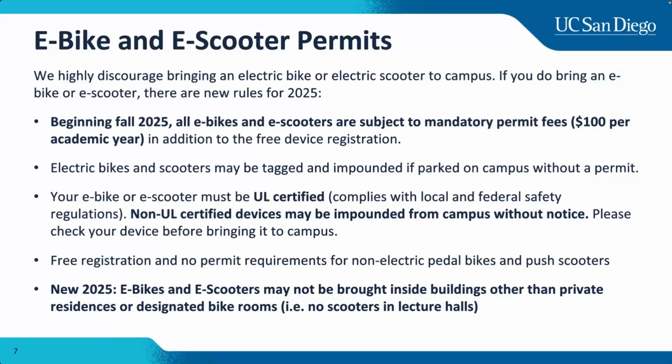All e-bikes and e-scooters are required to have a permit and a device registration in order to have your bike or scooter on campus. This does not include regular pedal bikes or regular scooters. And if you do bring an electric bike or scooter onto campus without the necessary permits or registration, they may be impounded.